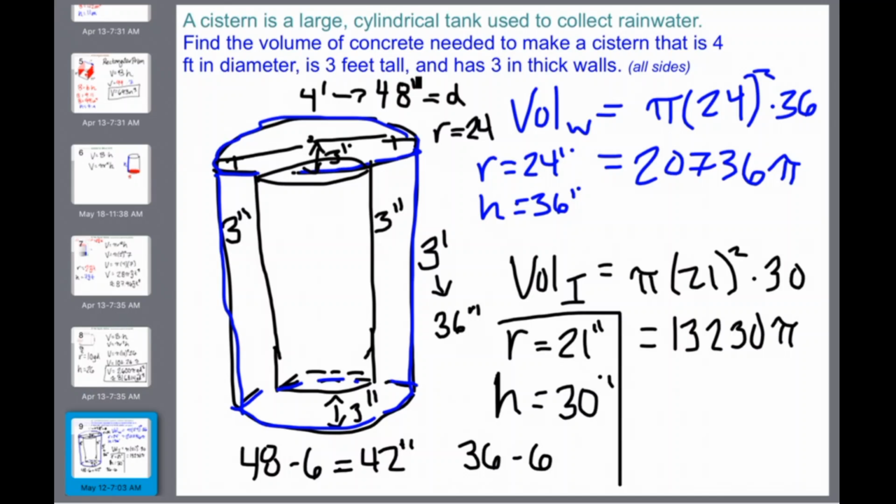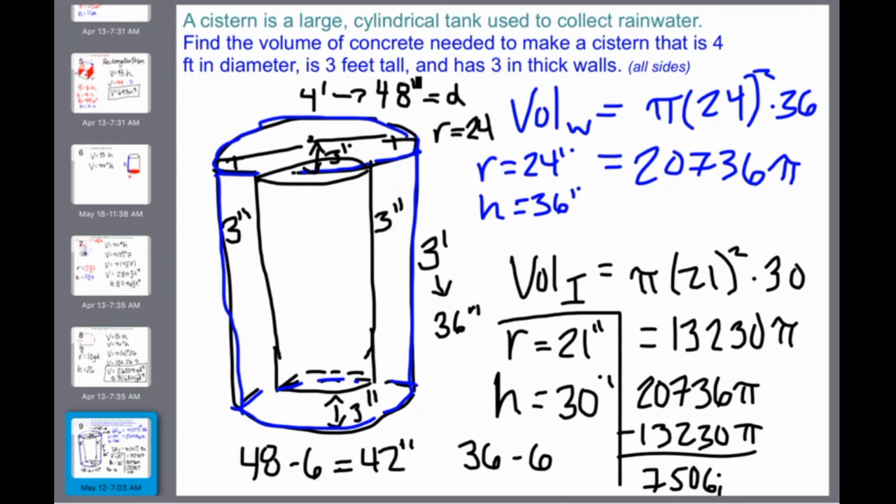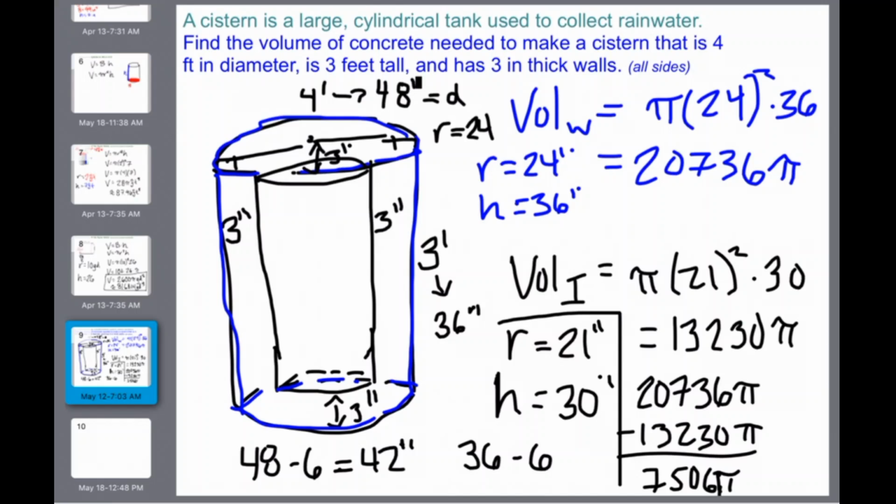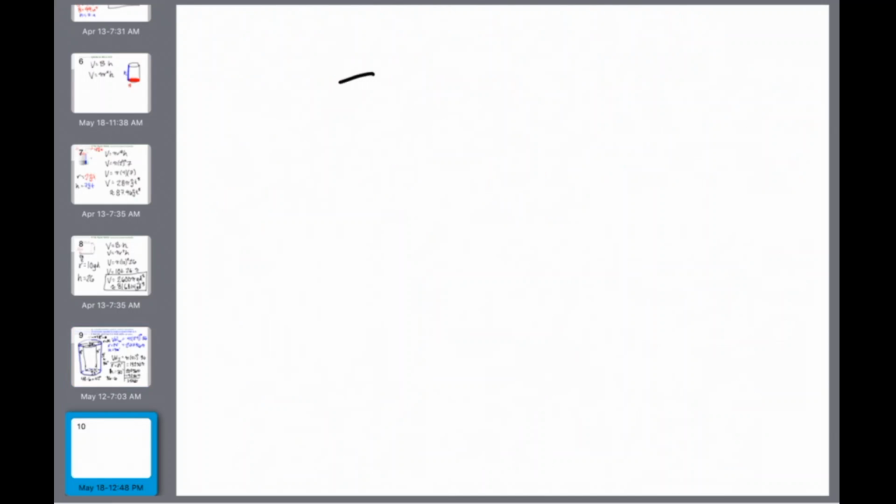We're going to take our blue number and subtract off our black number. All right, so that means that this is 7,506 pi. Let's create a new tab here. So we had 7,506 pi.